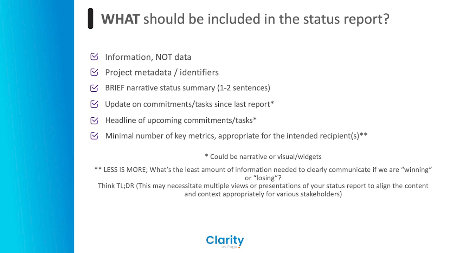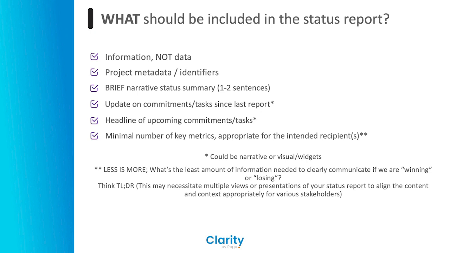Although we do want to use caution here because this could become a slippery slope toward an overloaded status report that loses its impact, we want to be selective. We might have a very long list of risks, and we don't necessarily want all of them included in our status report. Maybe a couple of key risks or ones that we think could need to warrant some attention for this reporting period.